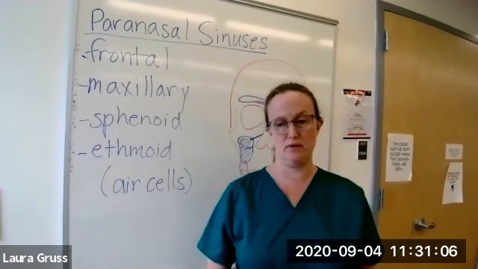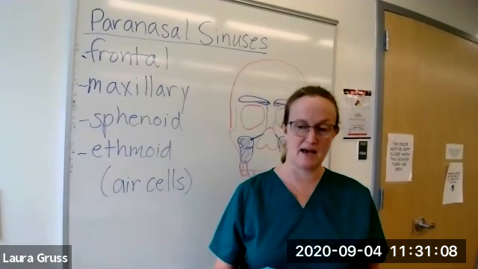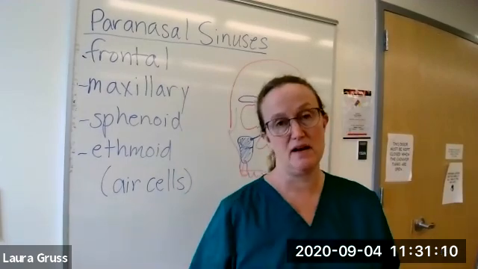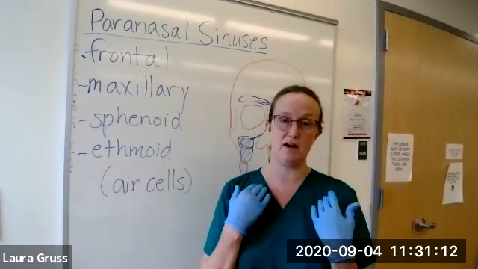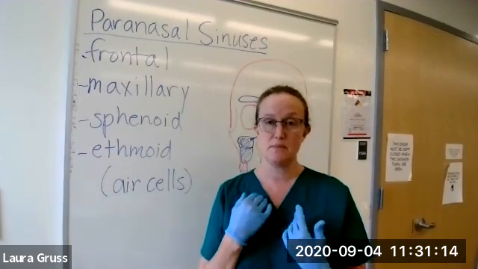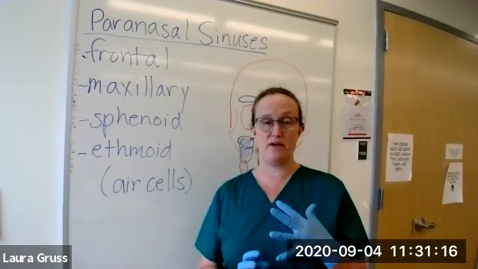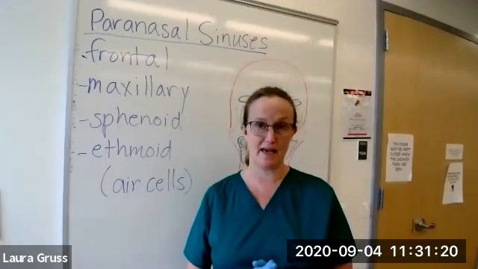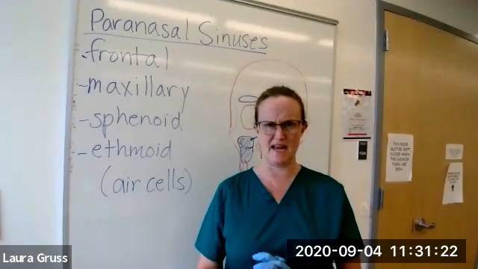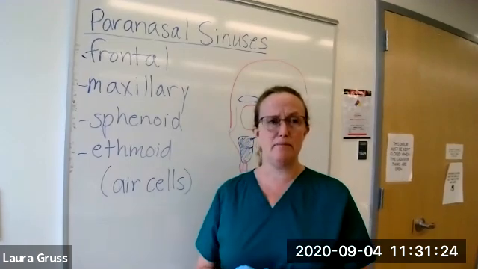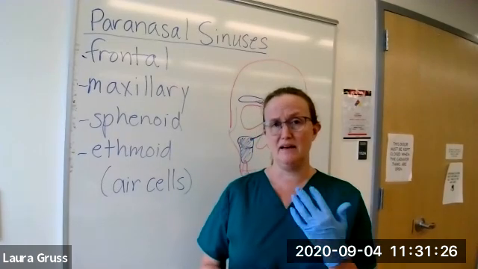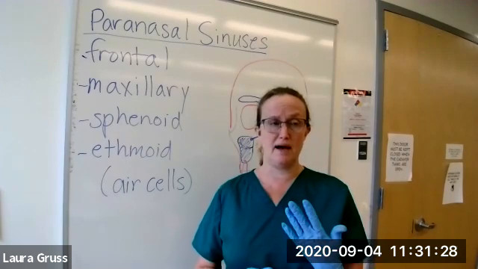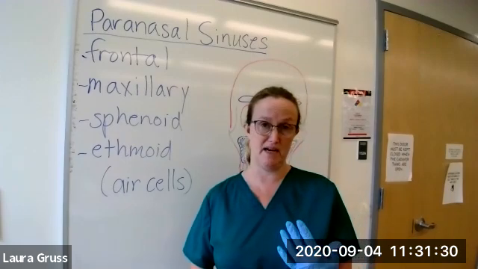Probably the most important one is that this mucosal lining of our sinuses conditions the air that we breathe in through our noses. So the alveoli down in our lungs, the tiny little air sacs, are extremely delicate and easily damaged by particles in the air or by the wrong temperature of the air or the wrong humidity of the air.